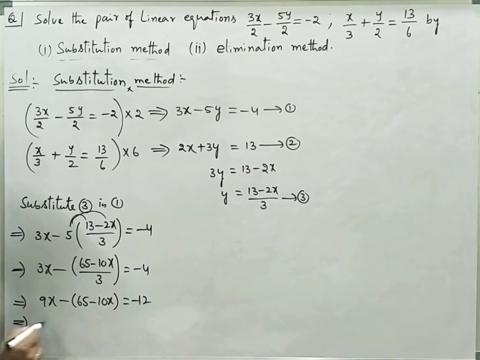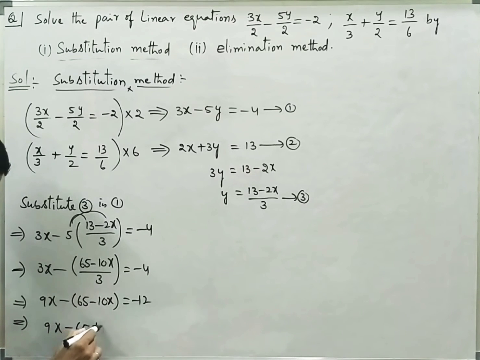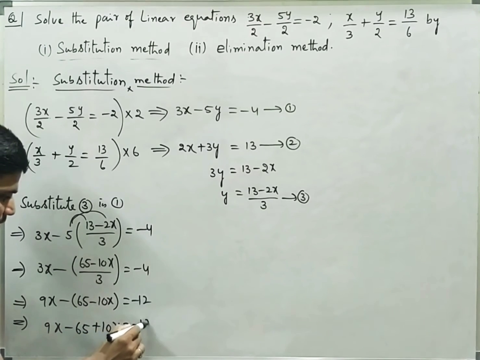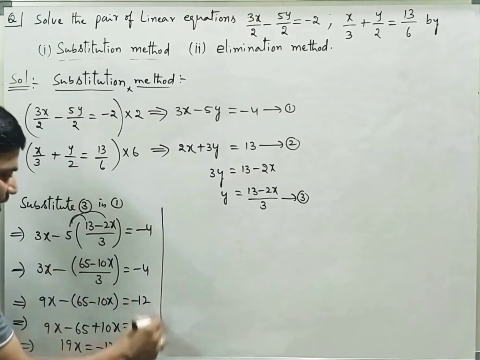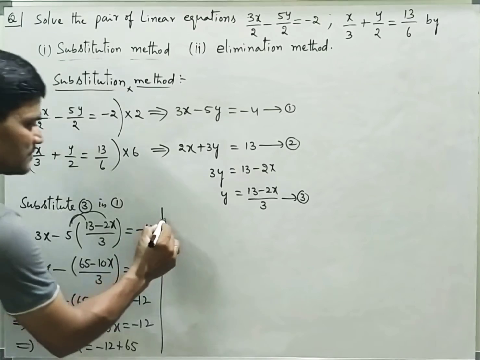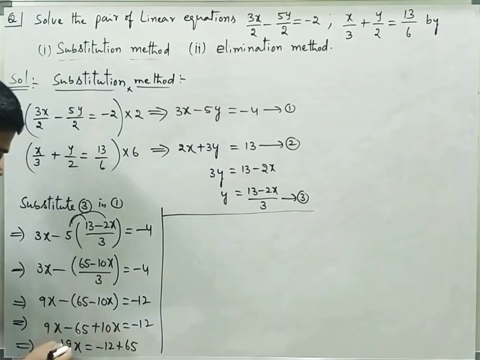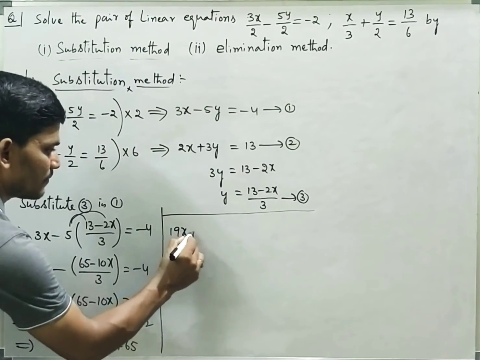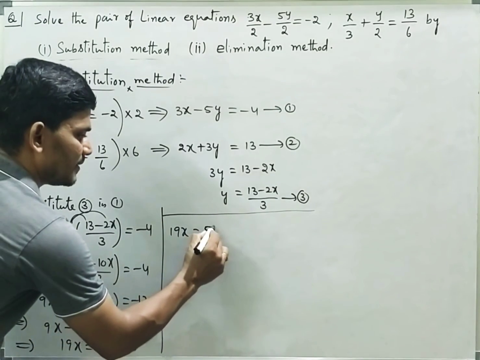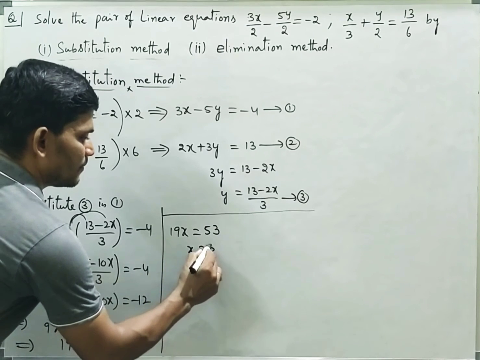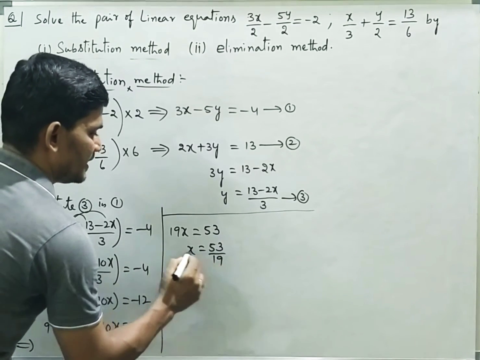Avoid the bracket: 9x - 65, minus into minus, plus 10x = -12. 9x + 10x, that is 19x = -12 + 65. Then it becomes 19x = 53. So x = 53/19.